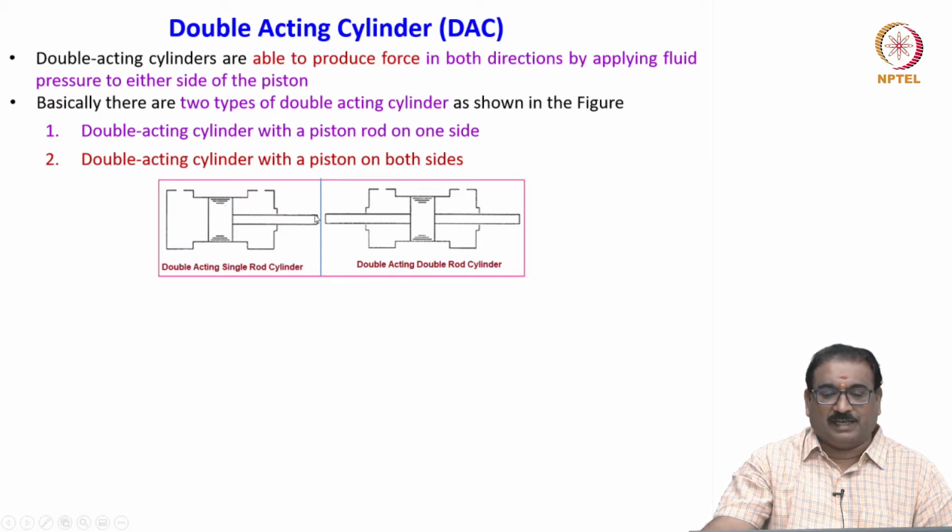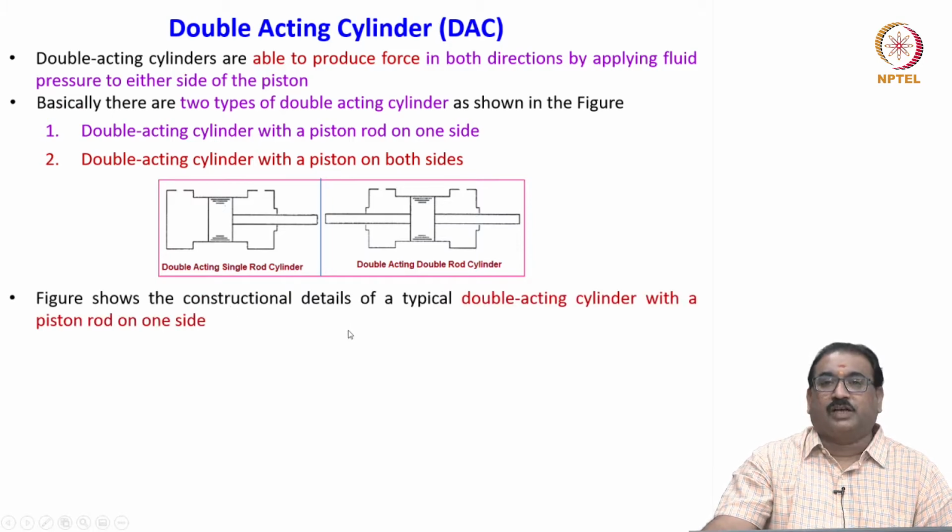Double acting cylinder, single rod. You will see here the rod is on either side. The working stroke you have to use for both places, movement of the load. It is a double acting double rod cylinder. Figure shows the constructional details of a typical double acting cylinder with a piston rod on one side.